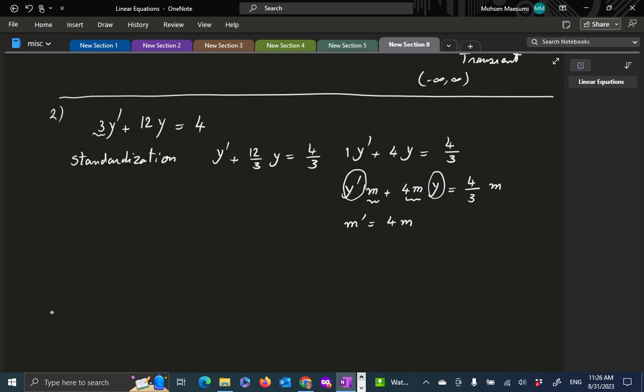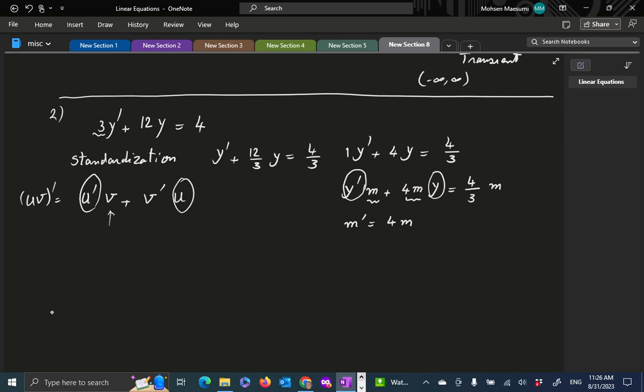Is that right? Let me remind you again. So I say u prime v plus, let me write it like this, v prime u. Okay, we wrote the product rule like this, u v prime. So I have the u prime and u.